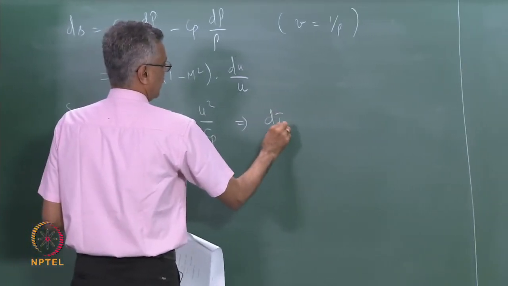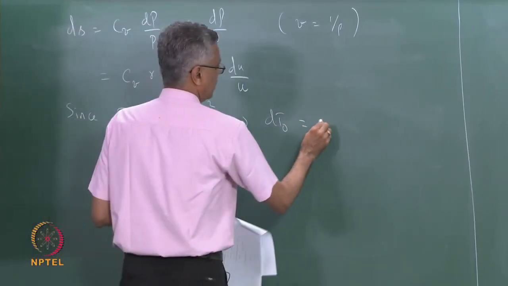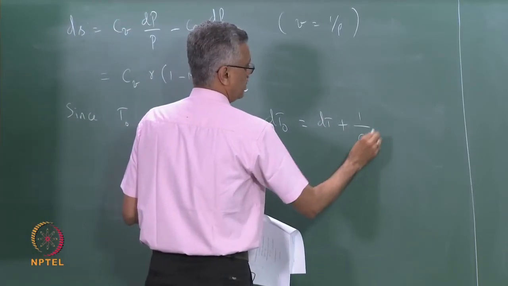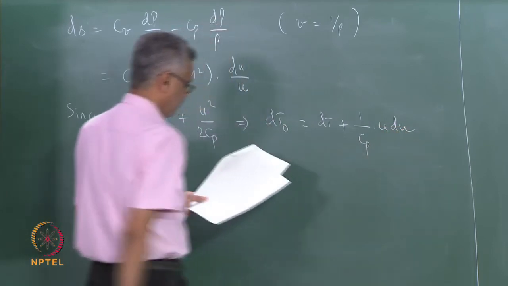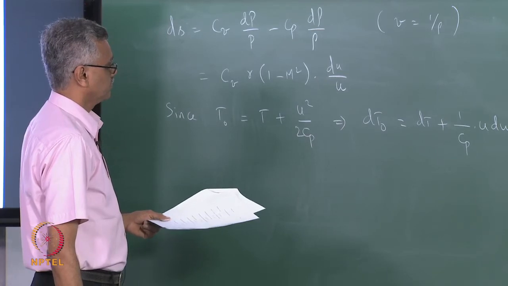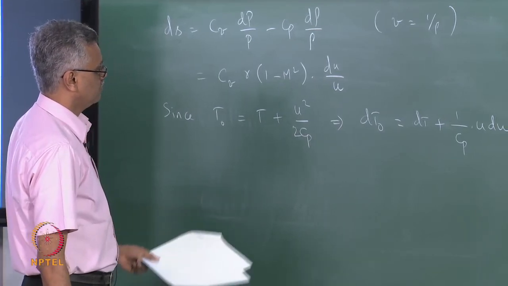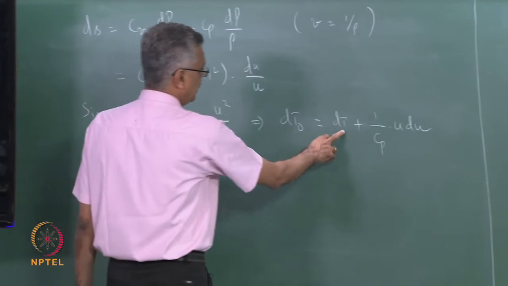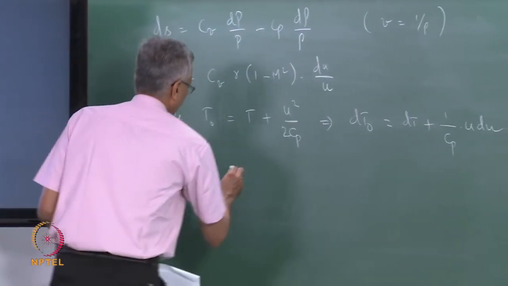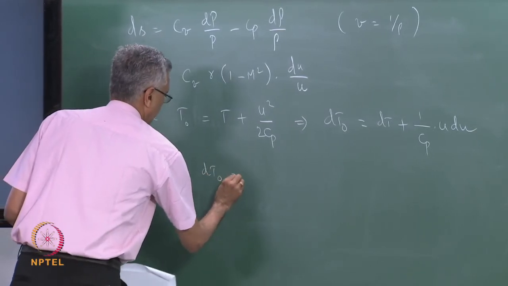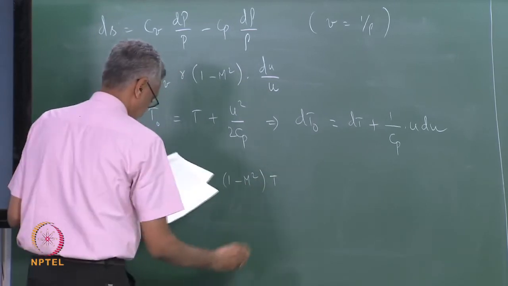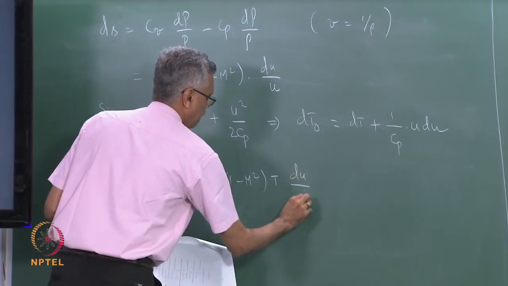If I differentiate, I get dT naught equal to dT plus 1 over Cp times u du, and if I substitute for dT and du from the earlier equation, I can write this as dT naught is equal to 1 minus M square times T times du over u.